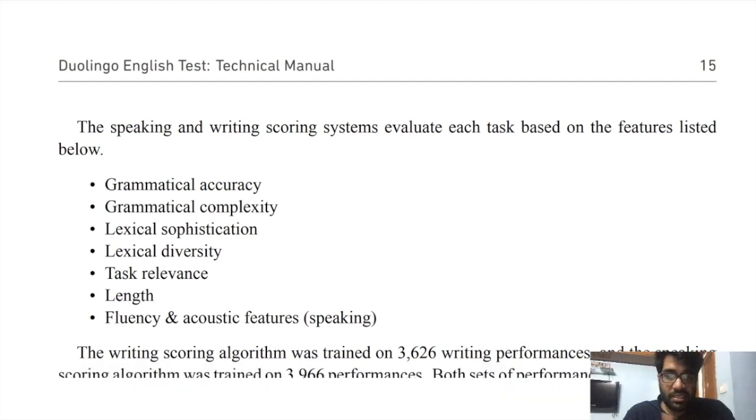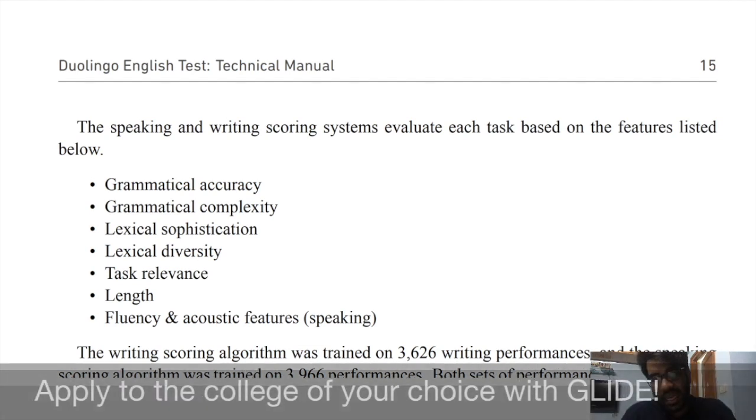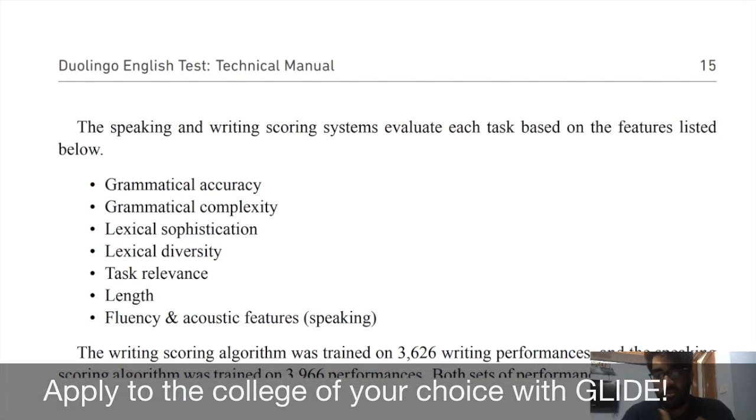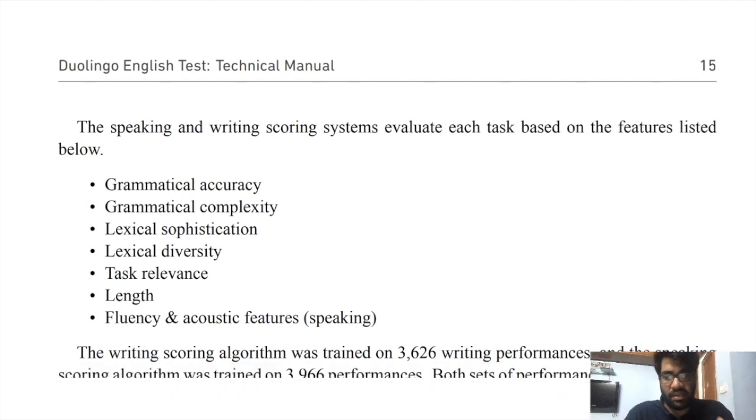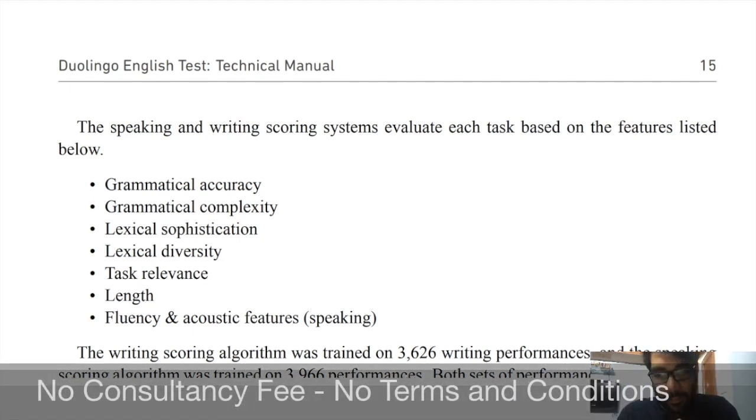The system is going to evaluate your writing on the following parameters. I have picked this up from the official DuoLingo technical manual available on their website: lexical sophistication, grammatical accuracy, grammatical complexity, lexical diversity, task relevance, length, and fluency and acoustic features, which are basically for your speaking part.